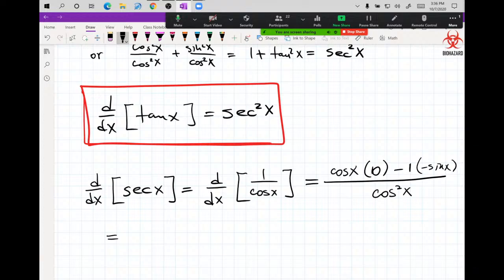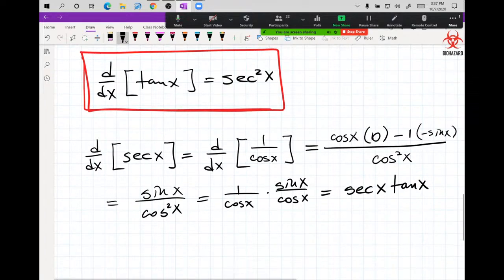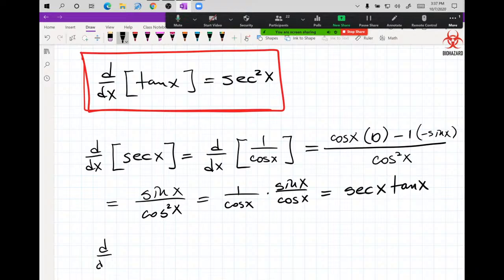The first term goes to 0, so all we get is sine x over cosine squared x, which we break down into 1 over cosine x, and then sine x over cosine x, because cosine times cosine is cosine squared, and we have 1 times sine in the numerator, which works out to be secant x tangent x, and that's another formula that we can memorize.